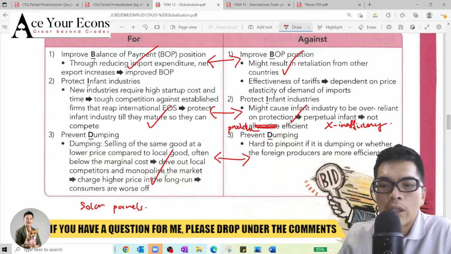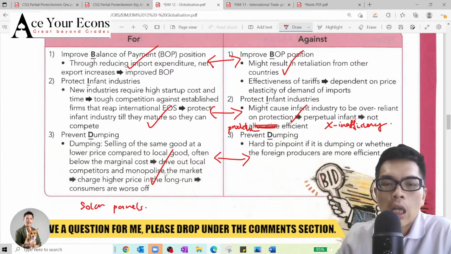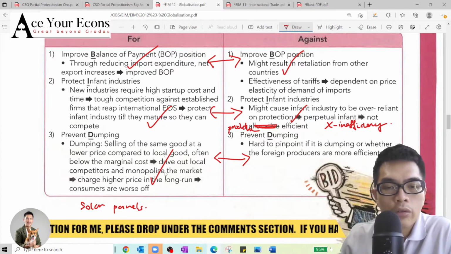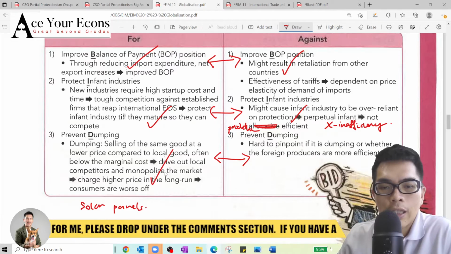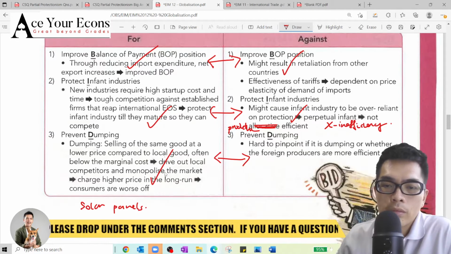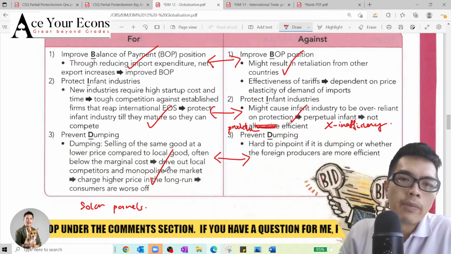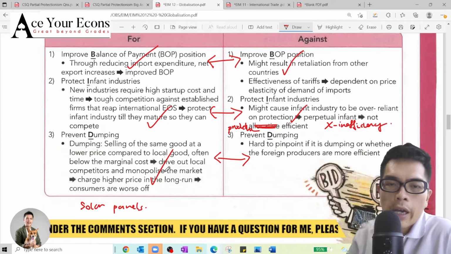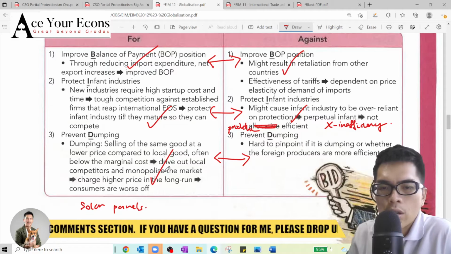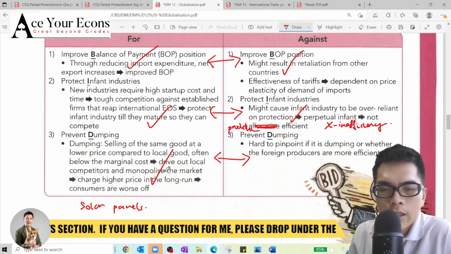So this is really hard to pinpoint, and if we were to pinpoint wrongly, domestic consumer welfare will be worse off, because they have to suck it up with more costly imports. So remember, when you study this, every point will have a flip side: the two sides of the same coin.